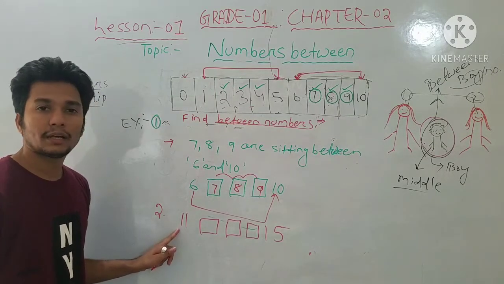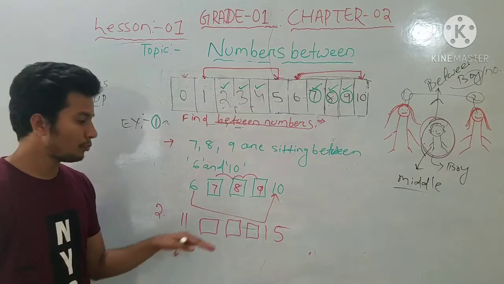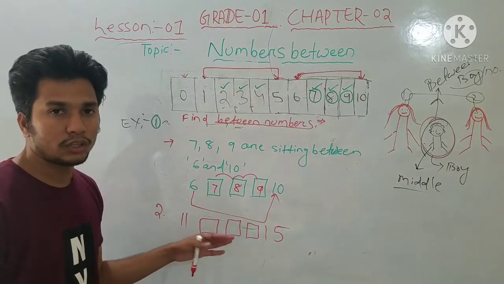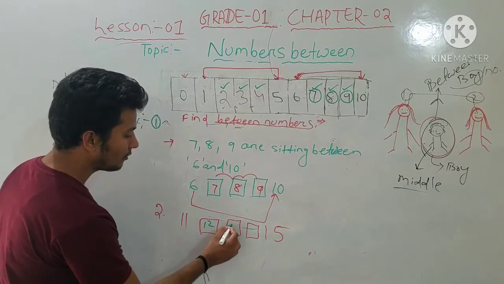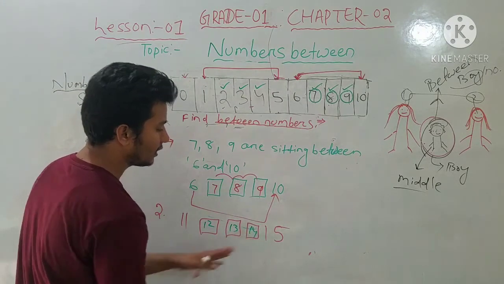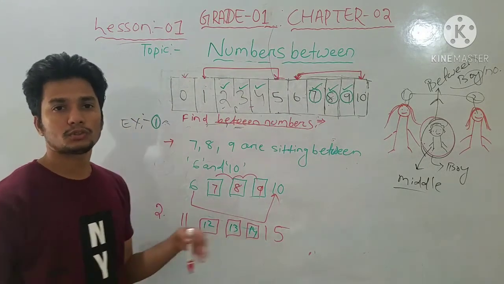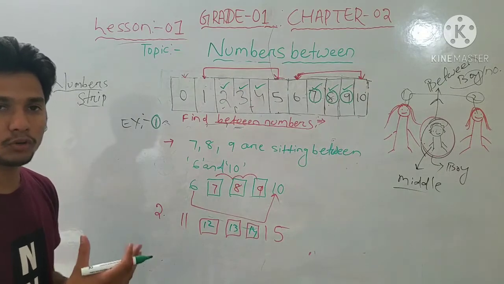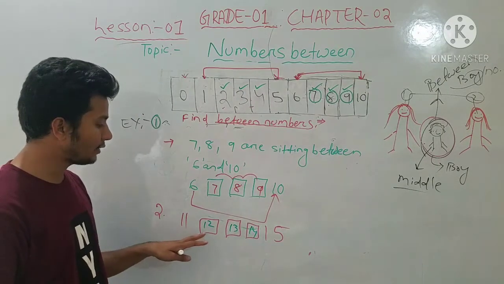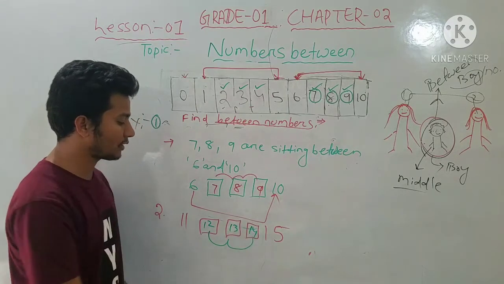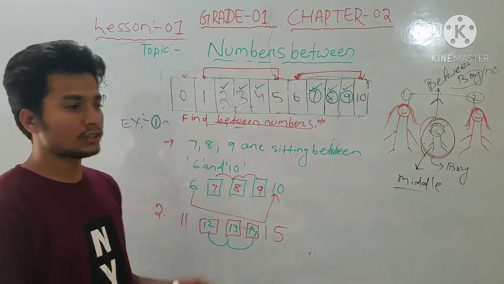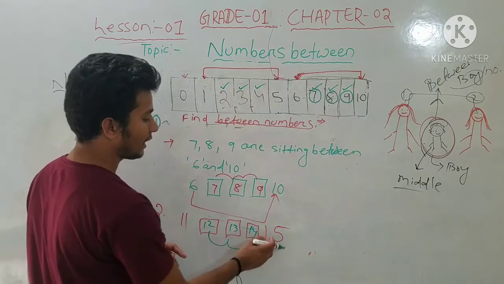Here 11 is given. I told you between numbers are asked, so we have to count forward. So 11, 12, 13, 14, then 15 will come. We are going forward by counting numbers, 11, 12, 13, 14.